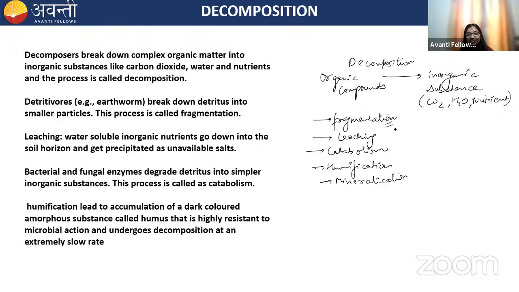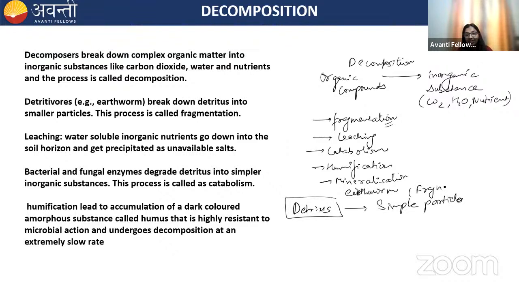Let's discuss the first step, which is fragmentation. The raw material of the decomposition is the detritus. Detritus is the remains of plants and animals. So detritivores will act on the detritus. A detritivore could be an earthworm. So they will convert this detritus into simple particles. Because the detritus is broken down into simple particles, this process is known as fragmentation.